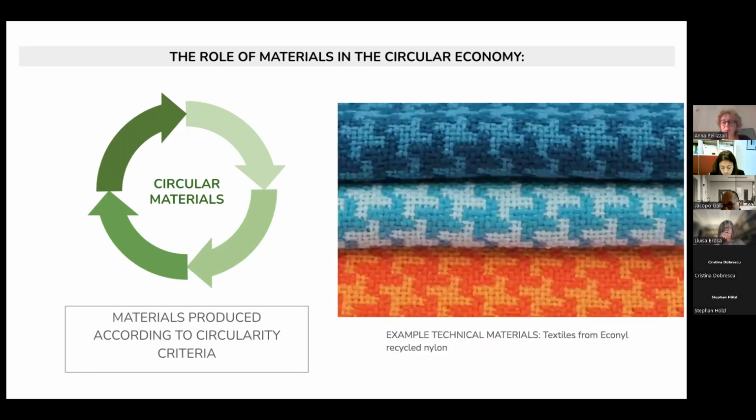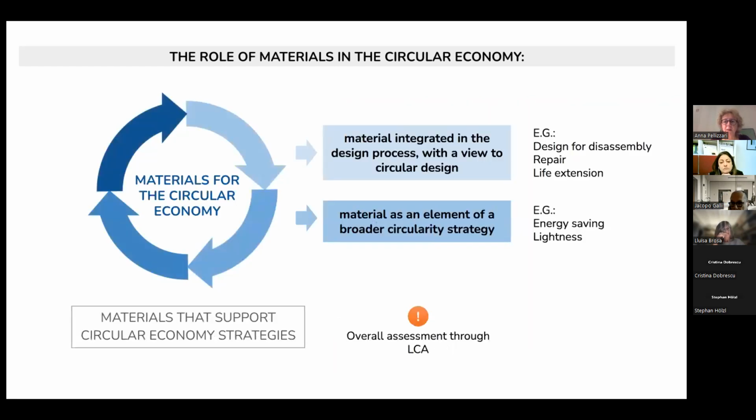When it comes to technical materials, for instance, this is an example of textiles made out of recycled nylon, an Econyl recycled nylon yarn. When it comes to materials for the circular economy, instead, we are talking about materials that support circular economy strategies. So materials that are integrated in the design process with a view to circular design.